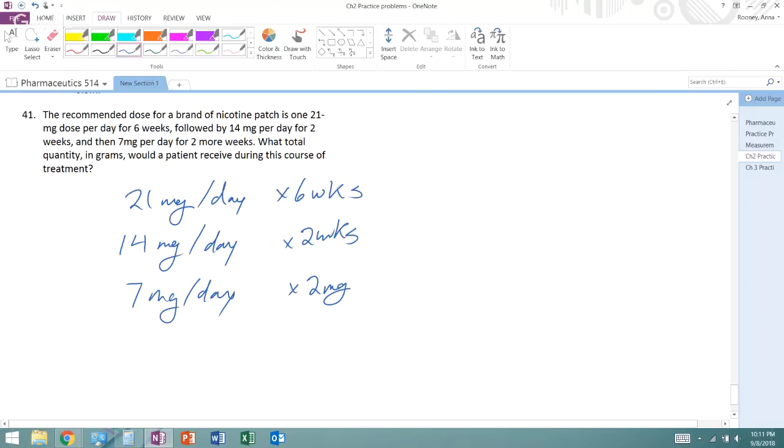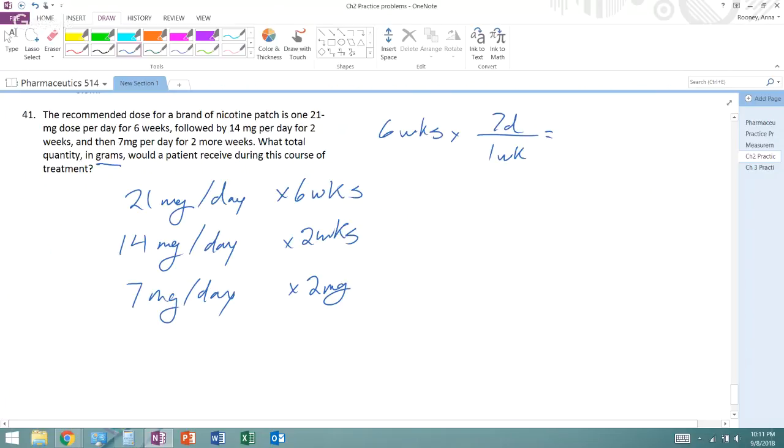What quantity total in grams will the patient receive during the course of treatment? So first, we have to convert weeks to days. So there's 6 weeks, and for every 1 week, there are 7 days.